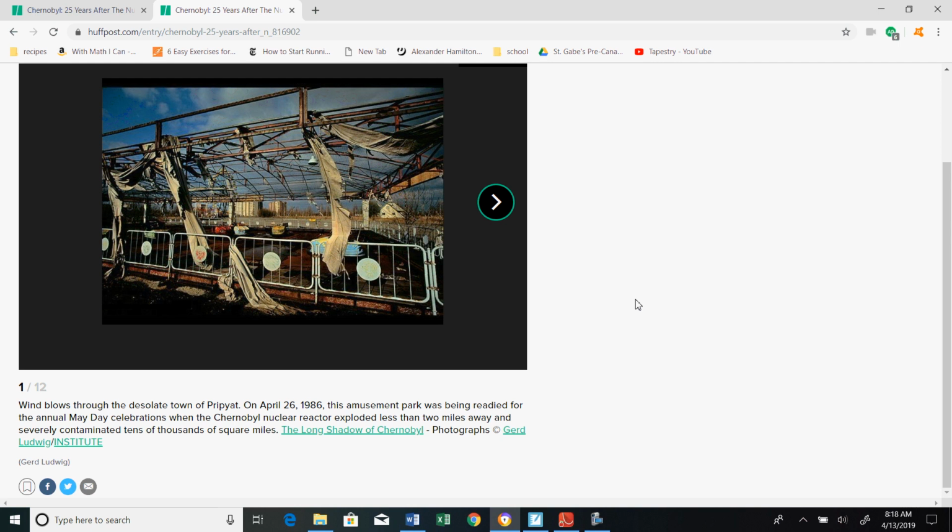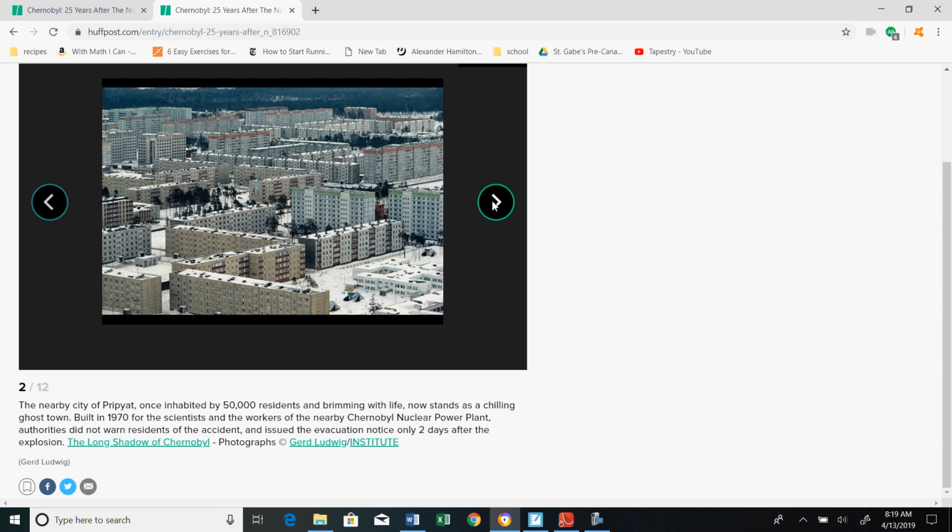So this first picture is talking about the desolate town of Pripyat. On April 26th, 1986, this amusement park was being readied for the annual May Day celebrations when the Chernobyl nuclear reactor exploded less than 2 miles away and severely contaminated tens of thousands of square miles. So here's just a few of the photos.